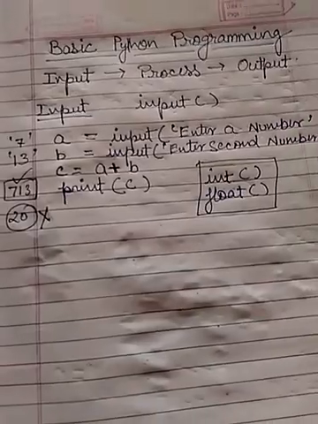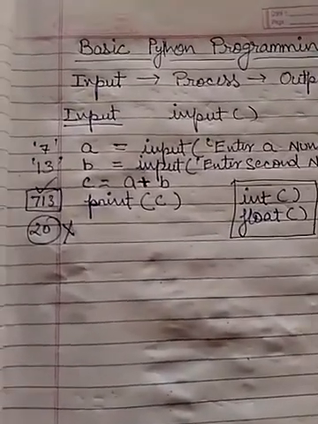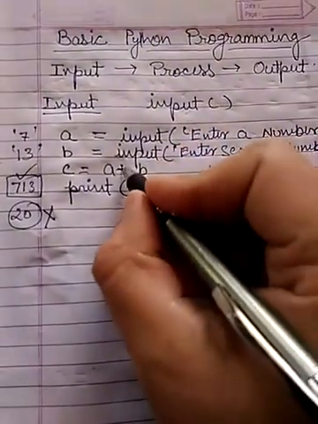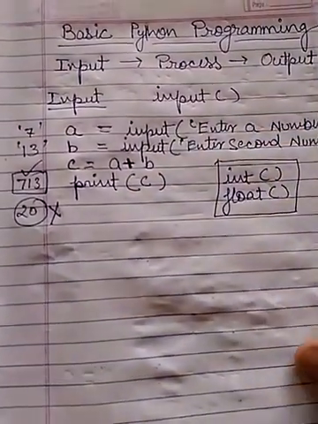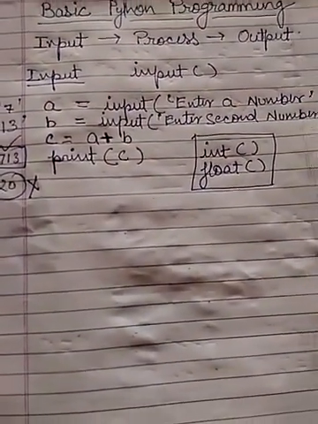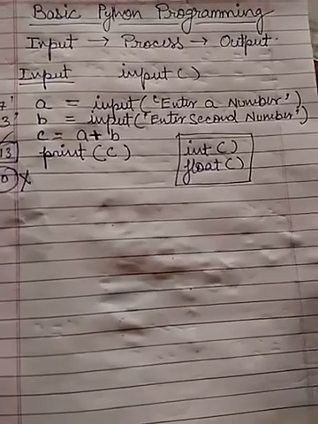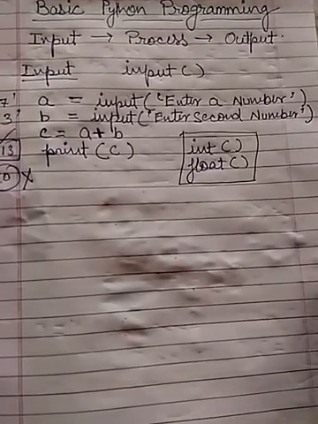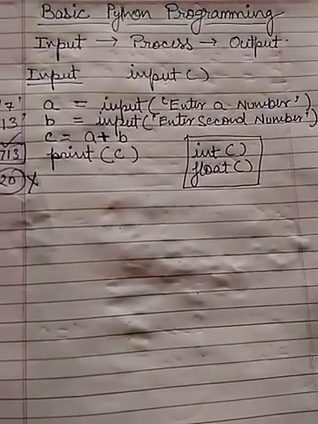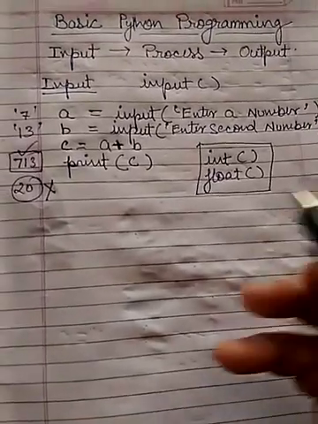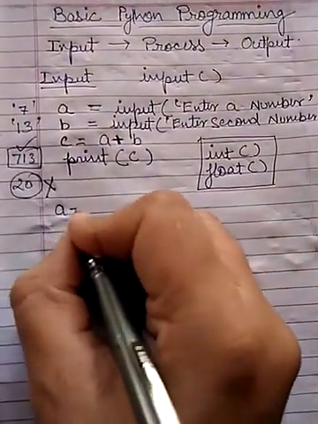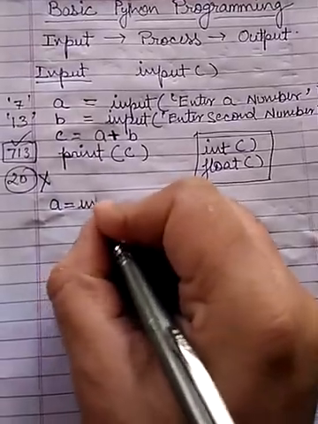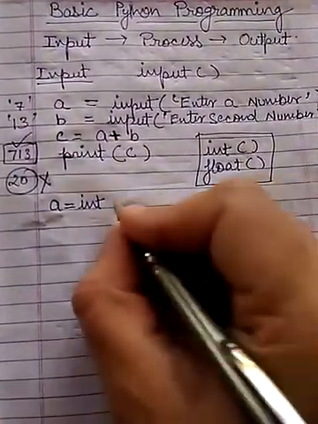For example, now I am doing this question in which I want to add the values instead of concatenation, because plus behaves as concatenation with strings and plus behaves as addition with integer values.